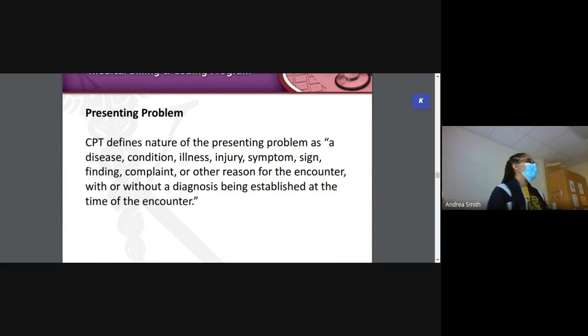So the presenting problem. CPT defines nature of presenting a problem as a disease, condition, illness, injury, symptom, sign, finding, complaint, or other reasons for the encounter with or without a diagnosis being established at the time of an encounter. Basically, somebody comes in your office sick. That's all that meant.